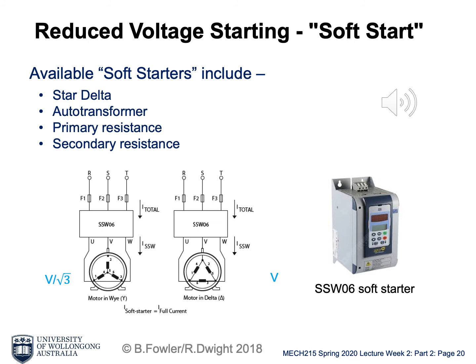Through this kind of connection, we can reduce the power supply voltage at the beginning of the startup period to 1 over square root of 3 of the normal voltage. By doing that, the current is also 1 over square root of 3 smaller than the normal current. Then the heat generated during the startup will be smaller.